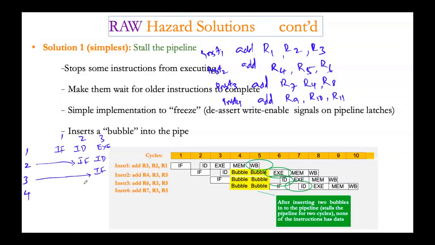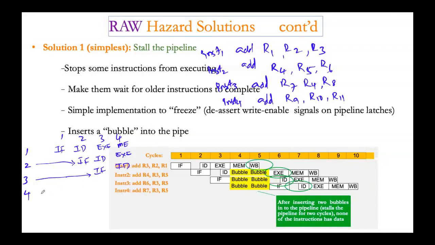In that case, your instruction fetching is free, so that will allow instruction 3. Now the second instruction is not depending upon your first instruction. So your first instruction goes to the next stage, that is memory. The second instruction enters into execution, and the third instruction enters into instruction decoding.